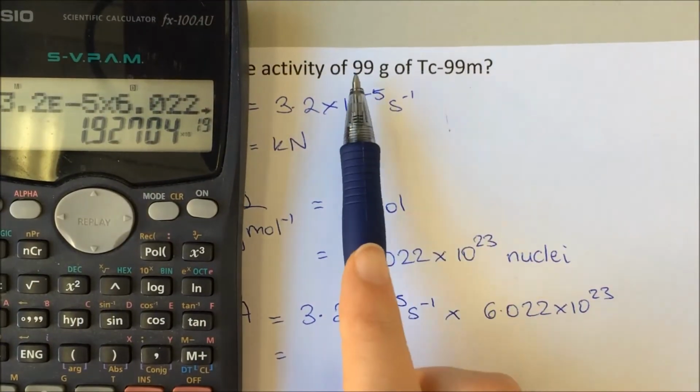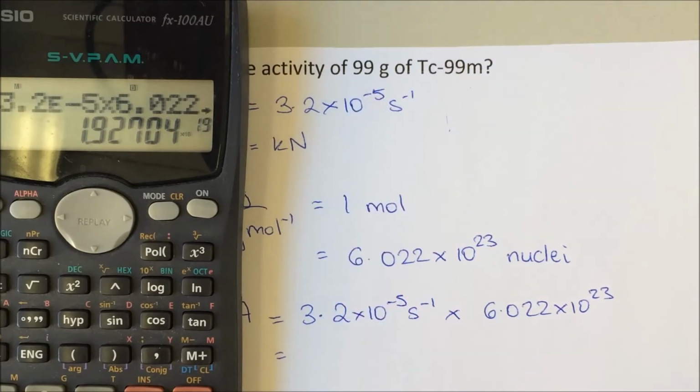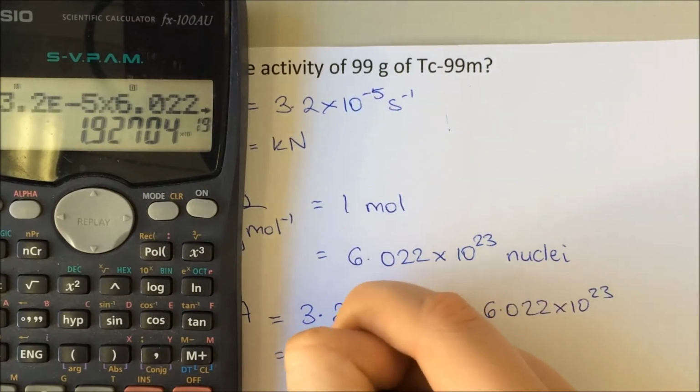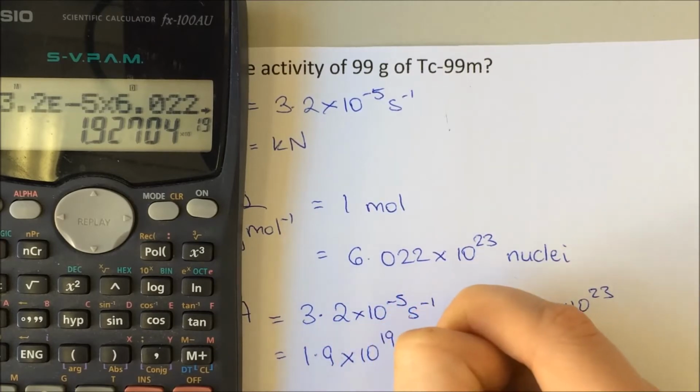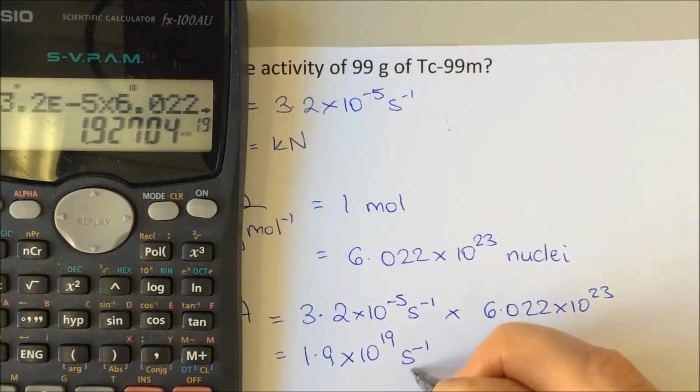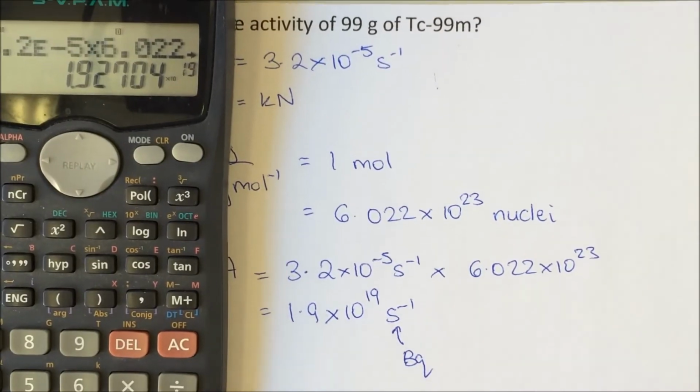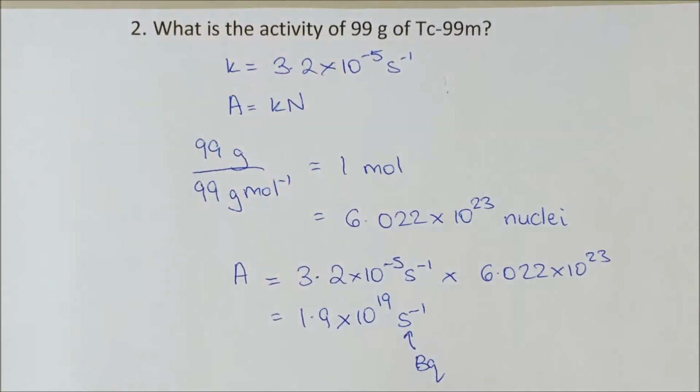Now remember, we need to answer to 2 significant figures because that's what we've been given in the question. So that gives us an answer of 1.9 by 10 to the 19 per second. Remember that this unit is also a becquerel, so you could also answer in becquerel rather than in reciprocal seconds.